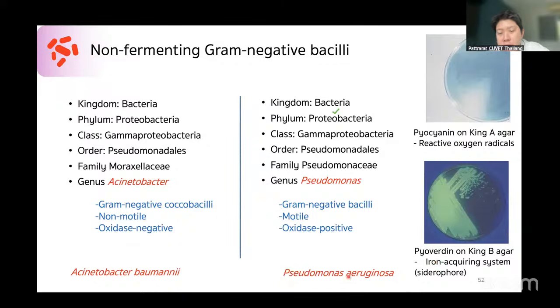For Pseudomonas aeruginosa infections in humans, we can see green wound lesions from the production of both pigments, and the pus will be green.